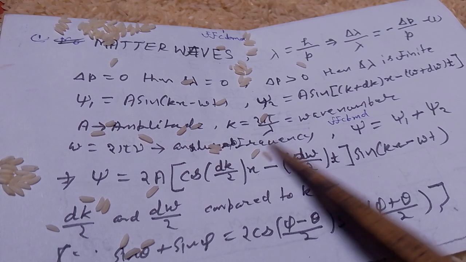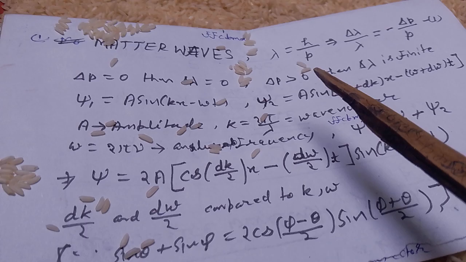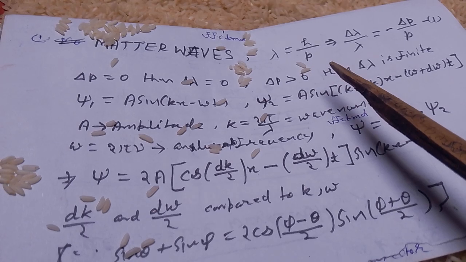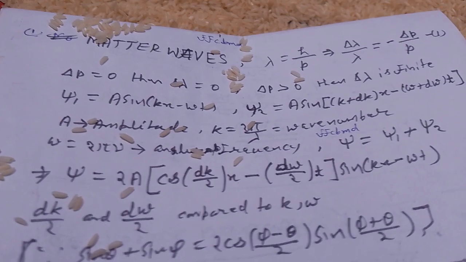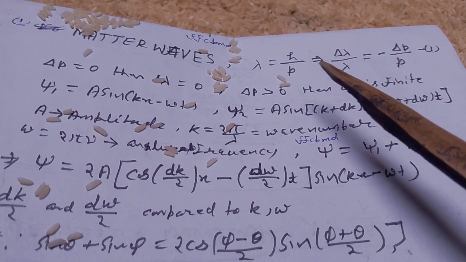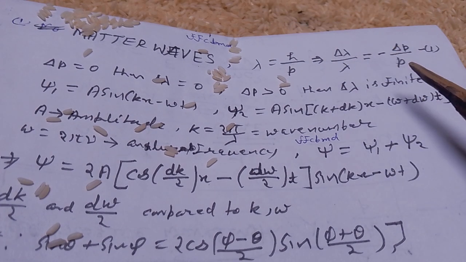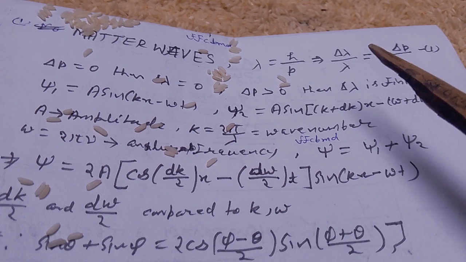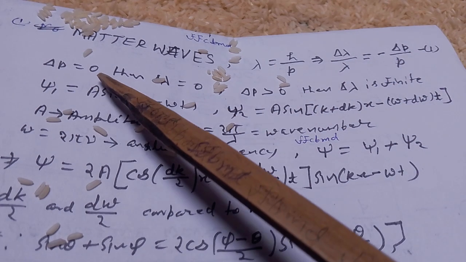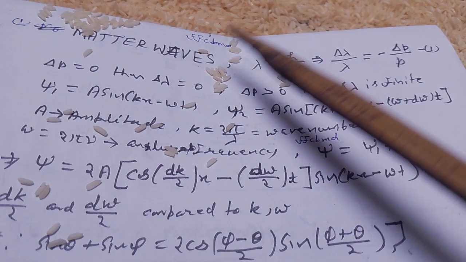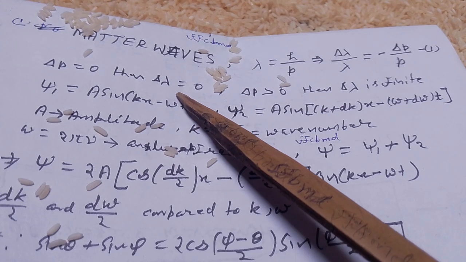We have a relation from the de Broglie equation, lambda equals h by p, so delta lambda by lambda equals minus delta p by p. This is equation 1. This equation shows that if delta p equals 0, then delta lambda equals 0.